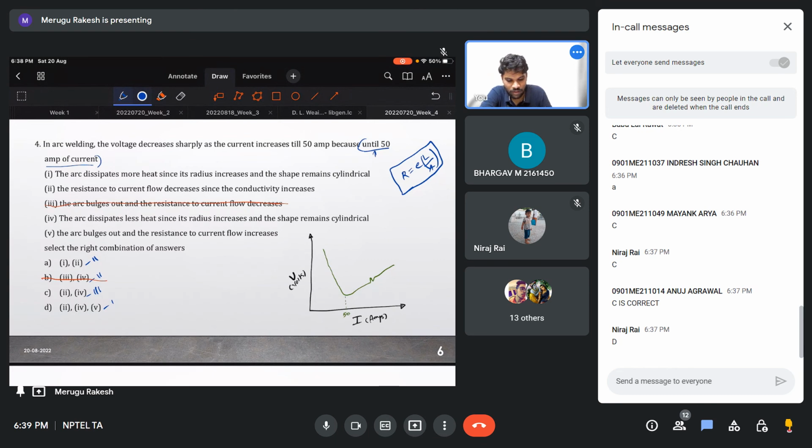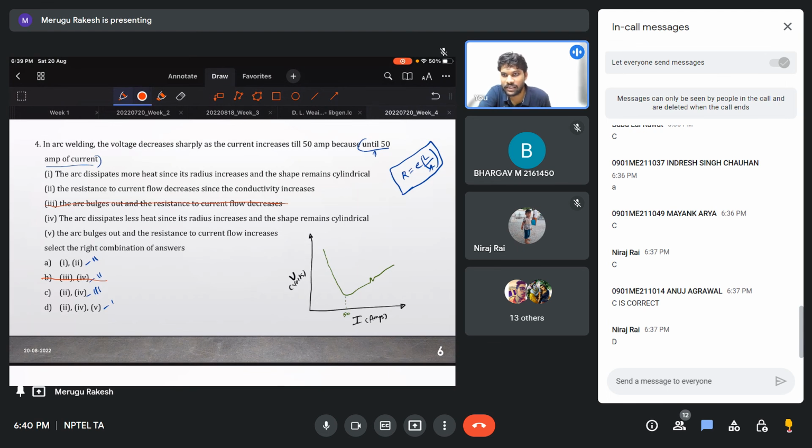Okay, then I will explain. If one statement is true, I can strike off the other. Statement 1: the arc dissipates more heat since its radius increases and the shape remains cylindrical. The second option is the resistance to current flow decreases since the conductivity increases. The fourth option is the arc dissipates less heat since its radius increases and the shape remains cylindrical.